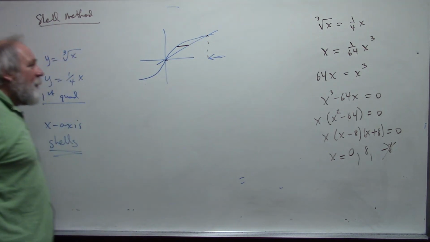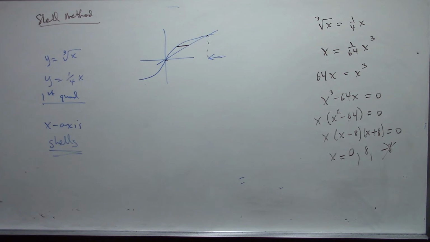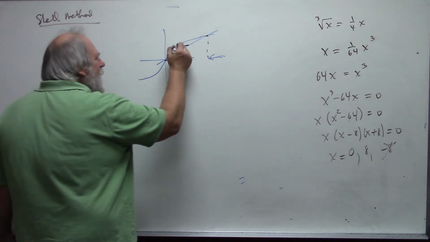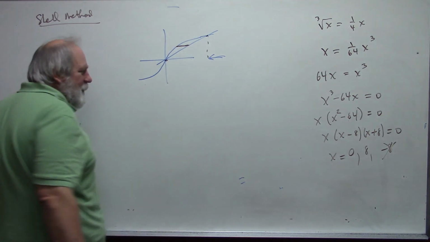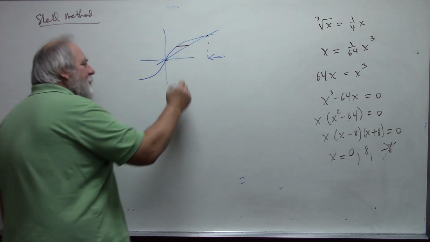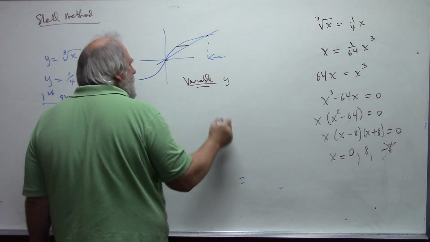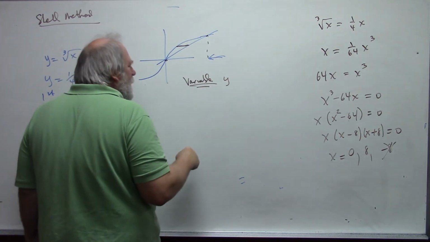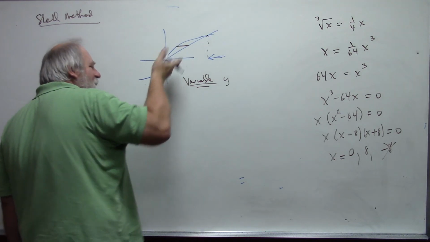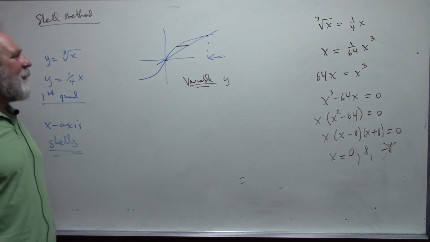Now, because I am dealing with rectangles that go horizontal, the variable that I need has to be in terms of y. Because the variable that we use is always perpendicular to the rectangle.